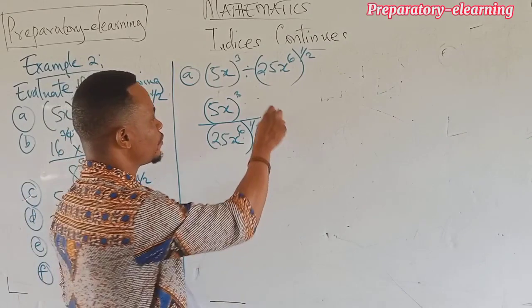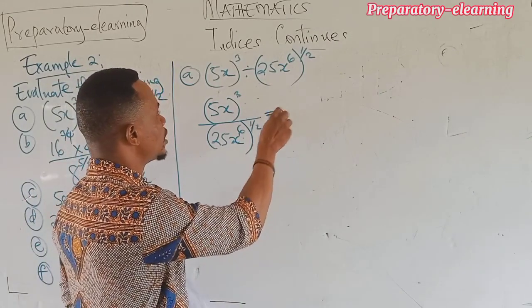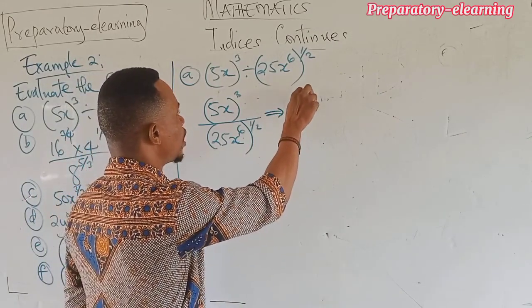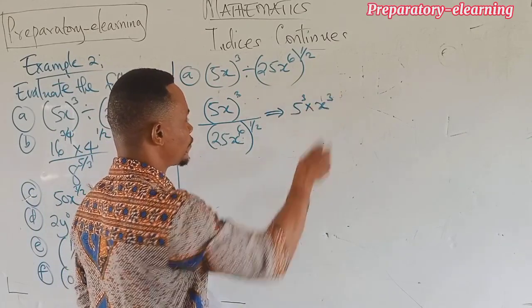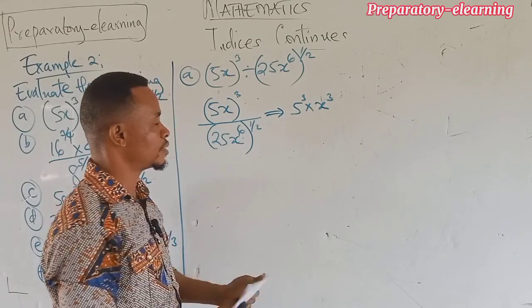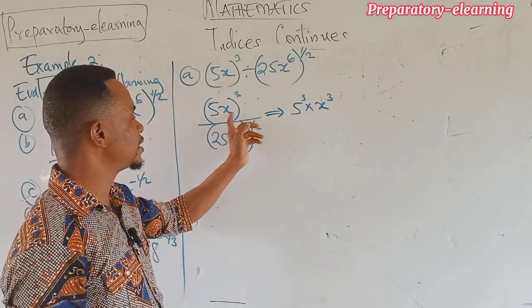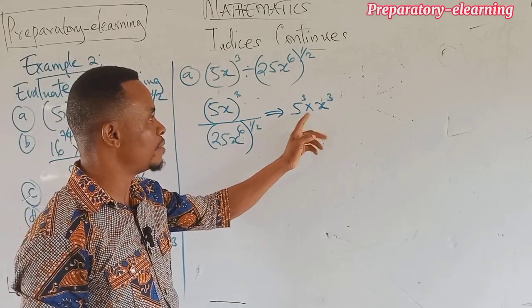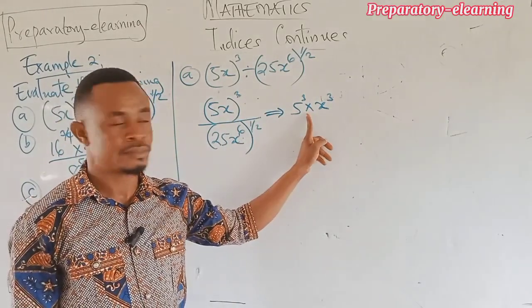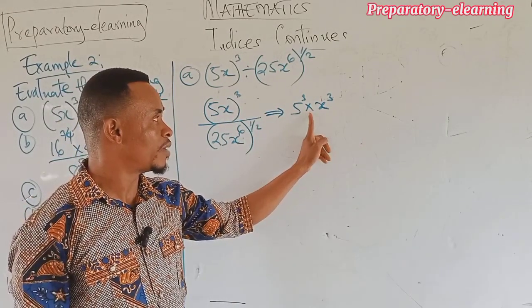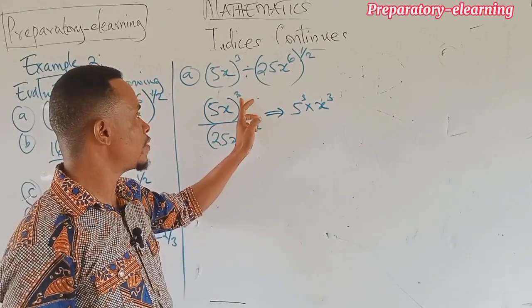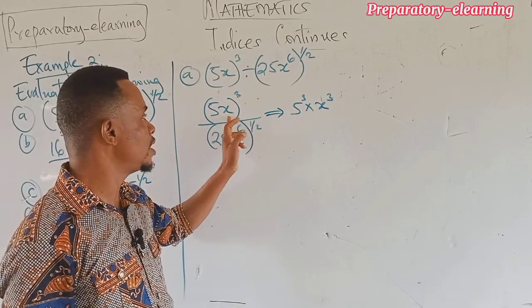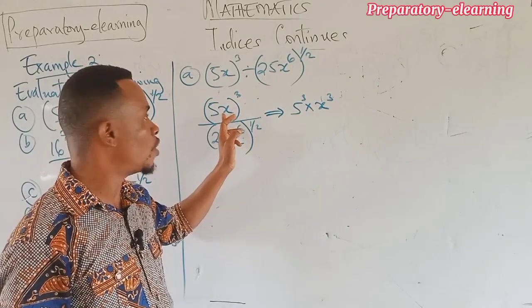So how do we solve this? We now have 5 to the power 3 times x to the power 3. Why did I bring in times? When you have a number and a letter joined together, to separate them is by multiplication. The multiplication sign separates two numbers that are jointly attached together. So this power 3 has distributed itself evenly on the members of this bracket.